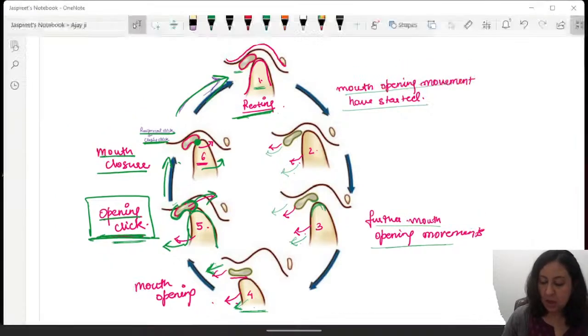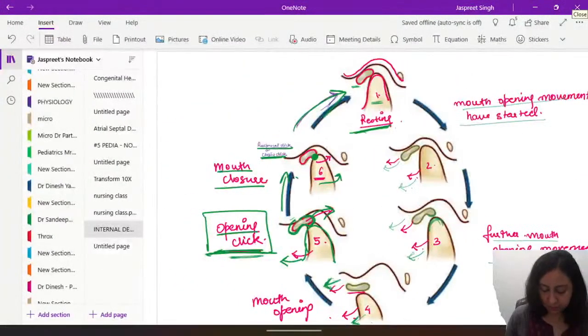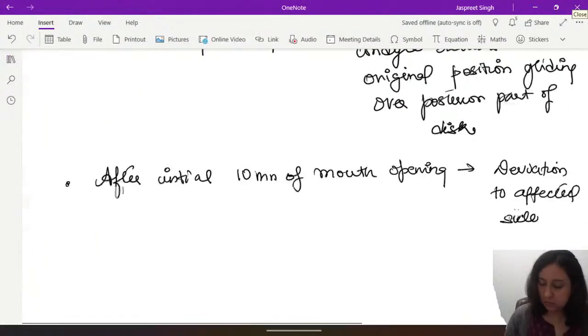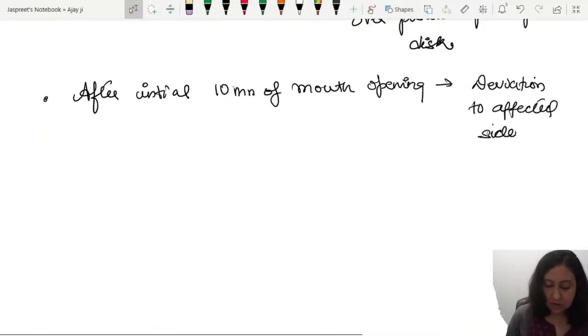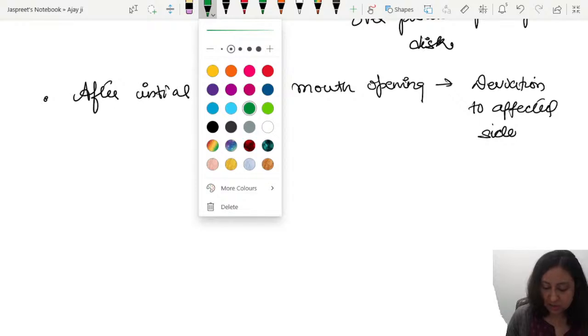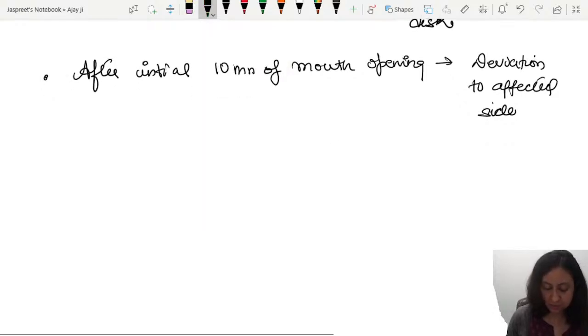Now we will come to anterior disc displacement without reduction.